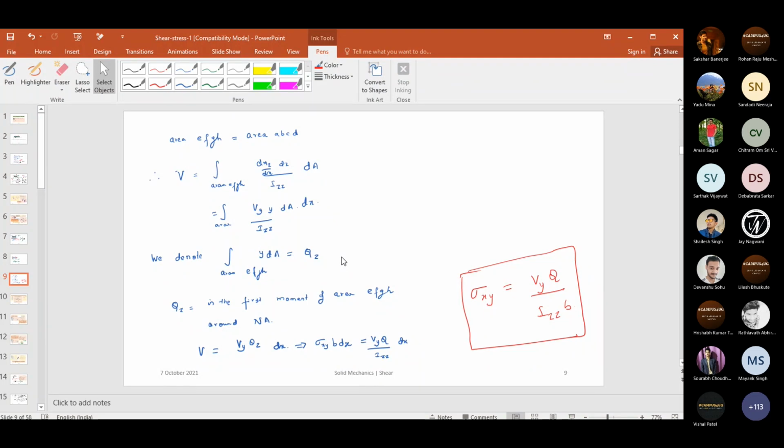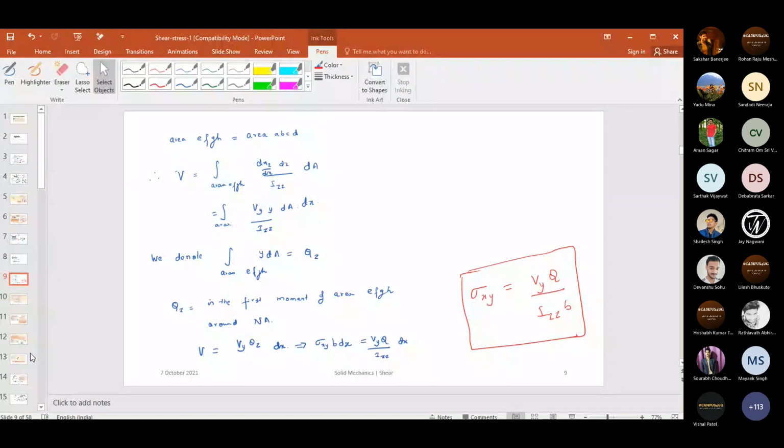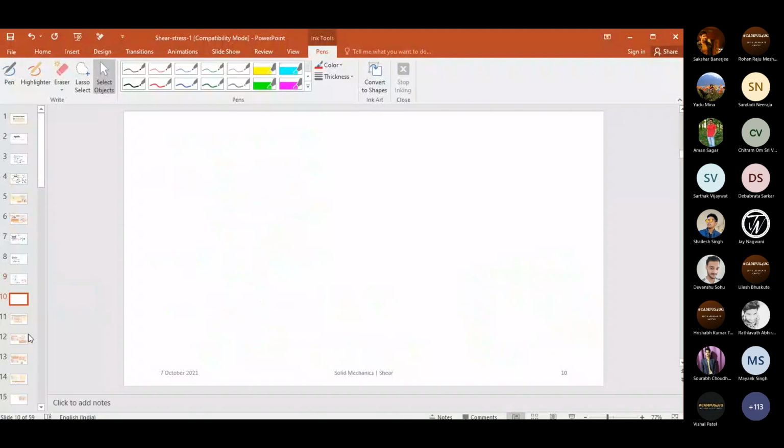What shall I solve? I think we will solve for a rectangular beam. Okay. We will derive from the beginning. What is the distribution of shear stress in a rectangular beam over the depth? We will see that.